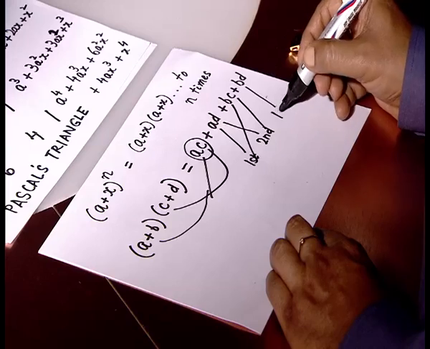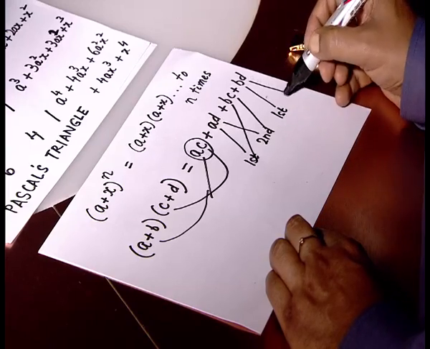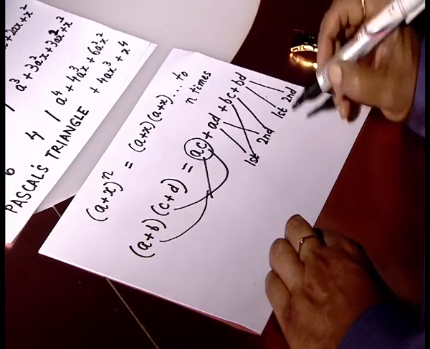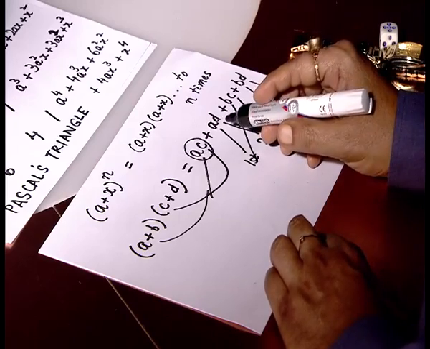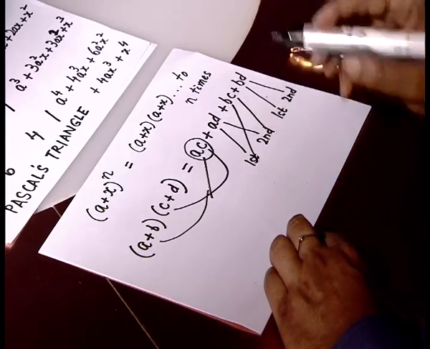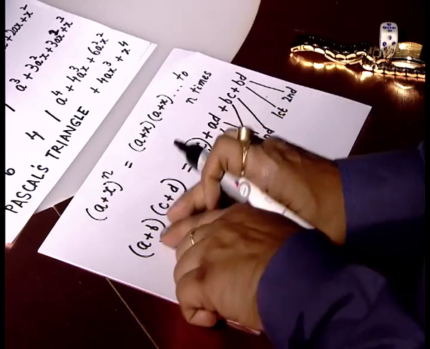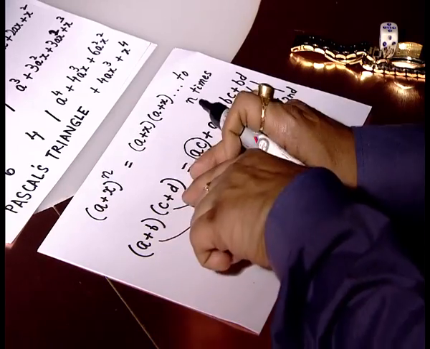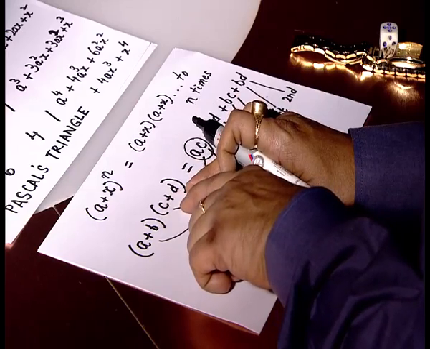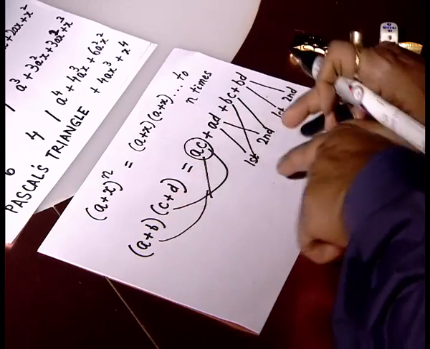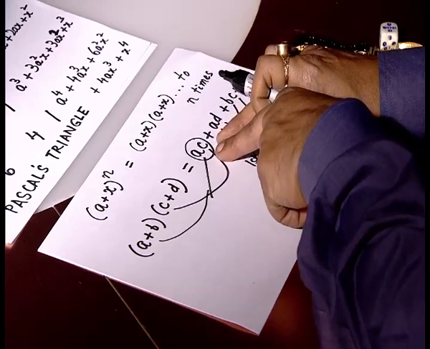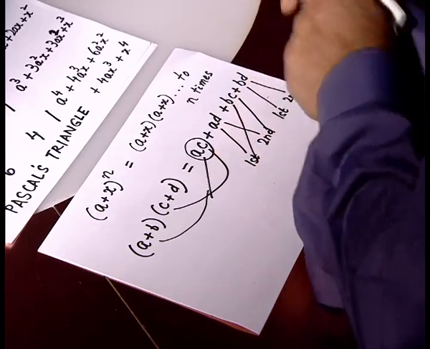BD, B has come from the first bracket, D has come from the second bracket. So, each term has contribution from each bracket. There cannot be a term which has contributions from one bracket only, the other bracket contribution being totally absent. It cannot happen like that. Every term contains contribution from each bracket.